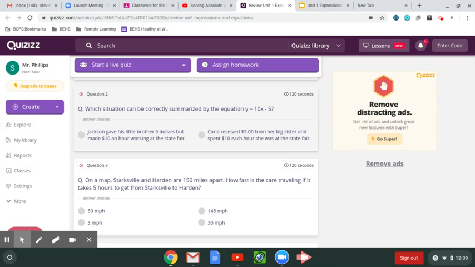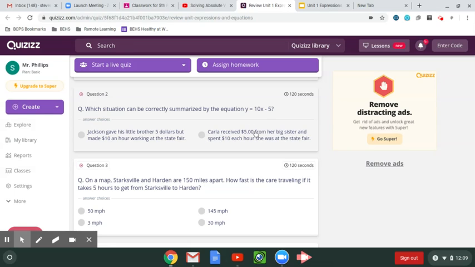he made $10. Now Carla received $5 from her big sister, so Carla got $5. She went up $5. She increased by $5, but then she spent $10 each hour she was at the fair. So that would represent a loss of $10. If I'm thinking of these two, if Carla received, that wouldn't be represented by minus 5 because she received it.